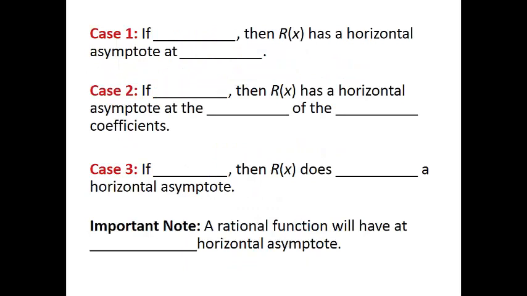The first case is if m is less than n. So that is, the degree in the numerator is less than the degree of the denominator. Then r of x has a horizontal asymptote at y equals 0.